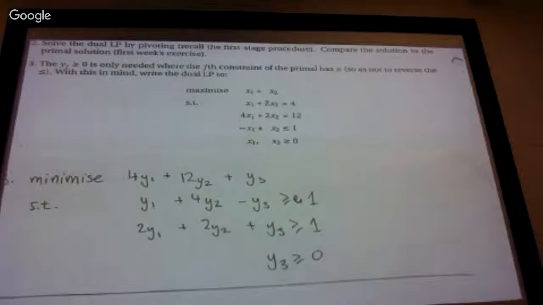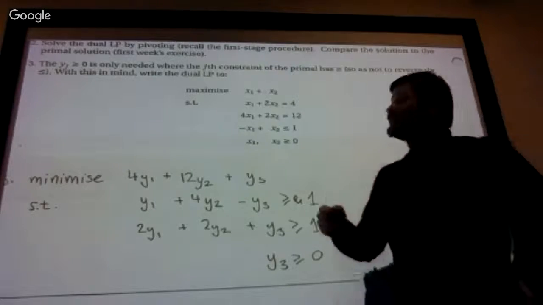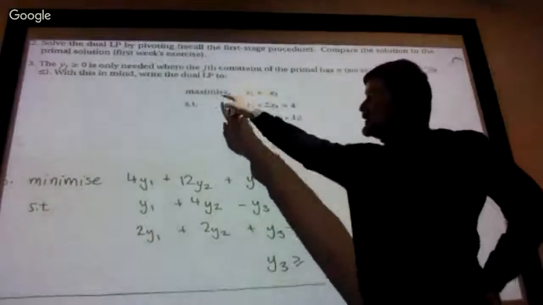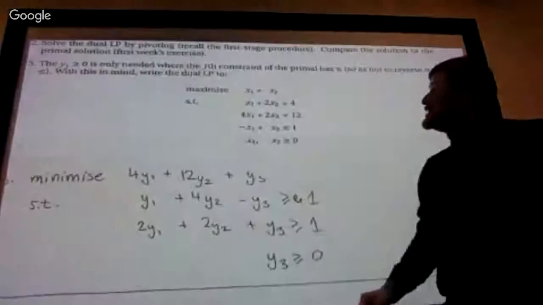And this one looks like this. So this is the same thing we did before. Maximize. Okay, so the dual has minimize.